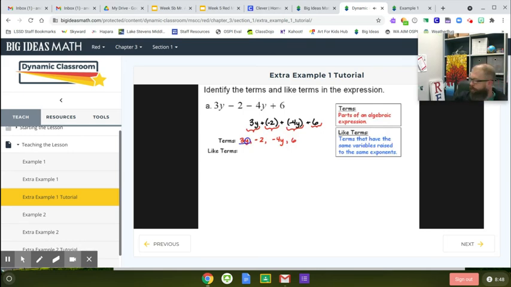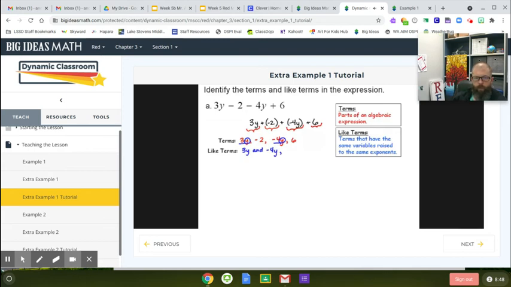The term -4y has a coefficient of -4 and a variable of y. Notice that both terms have the same variable, y, raised to the same exponent, 1. So you can say that 3y and -4y are like terms.